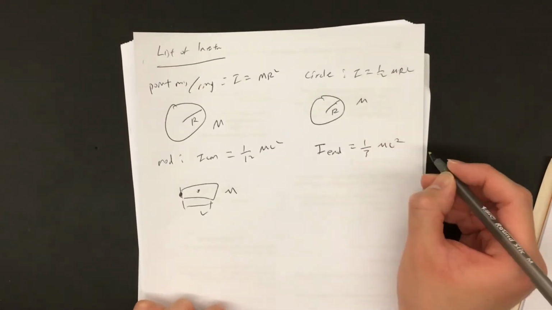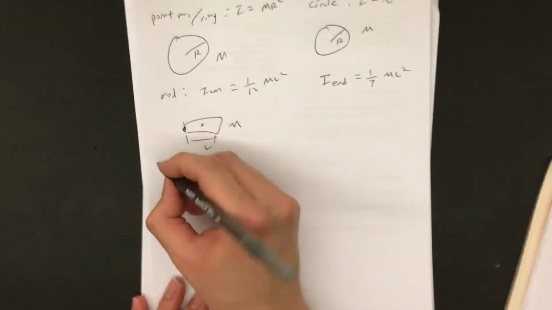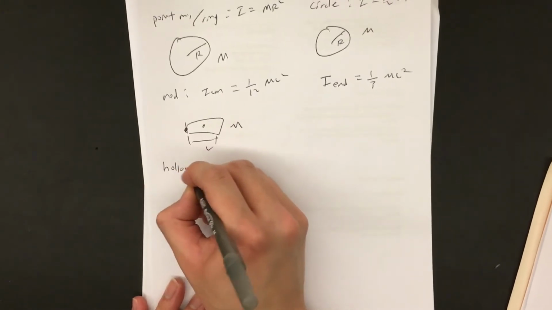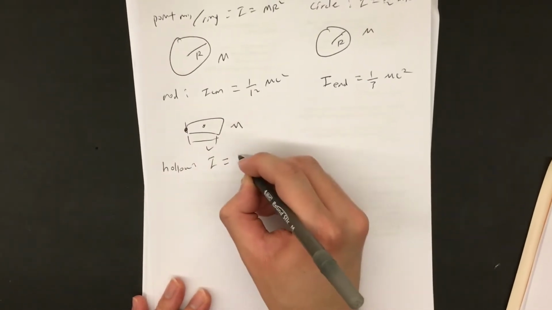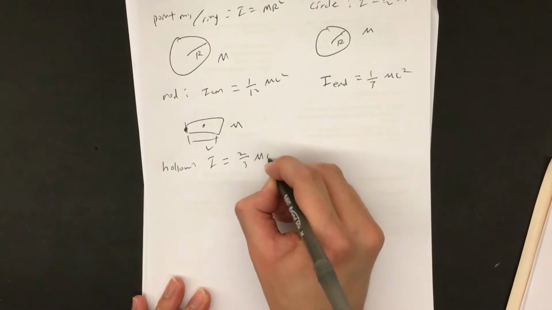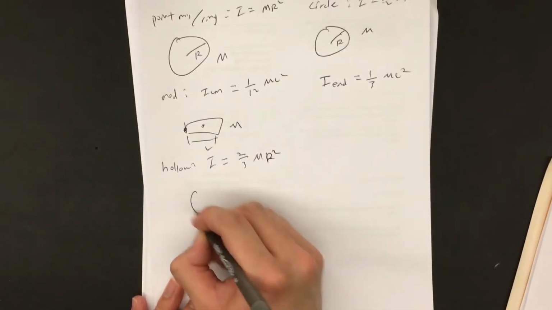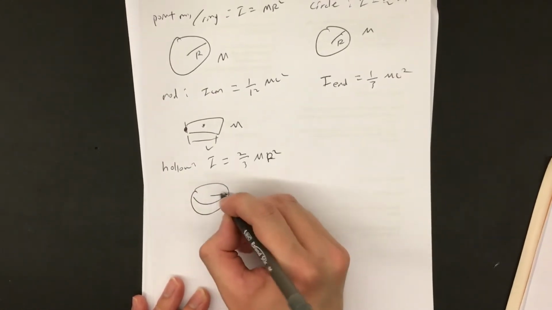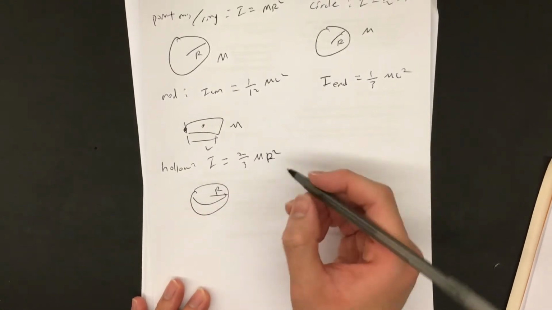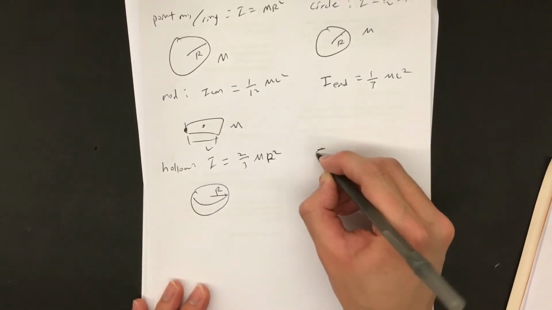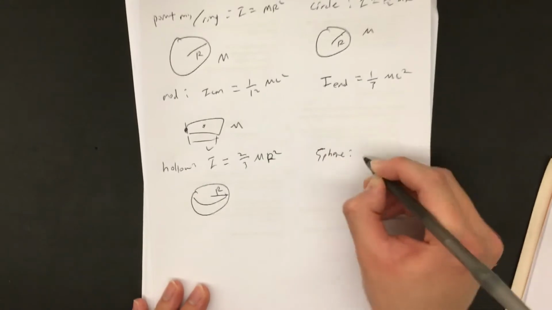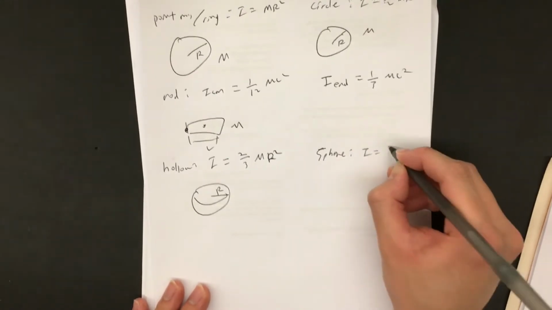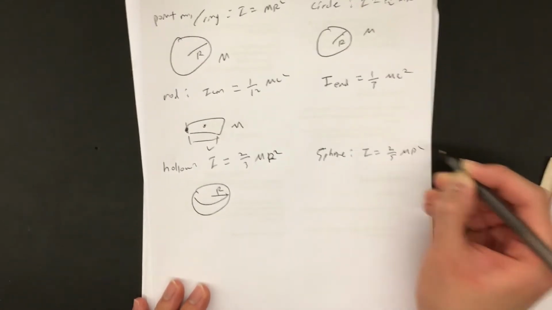For spheres, for a hollow sphere, the inertia equals 2/3 MR squared, in which M is the mass and R is the radius of this hollow sphere. And for a normal sphere that is not hollow, the inertia equals 2/5 MR squared.